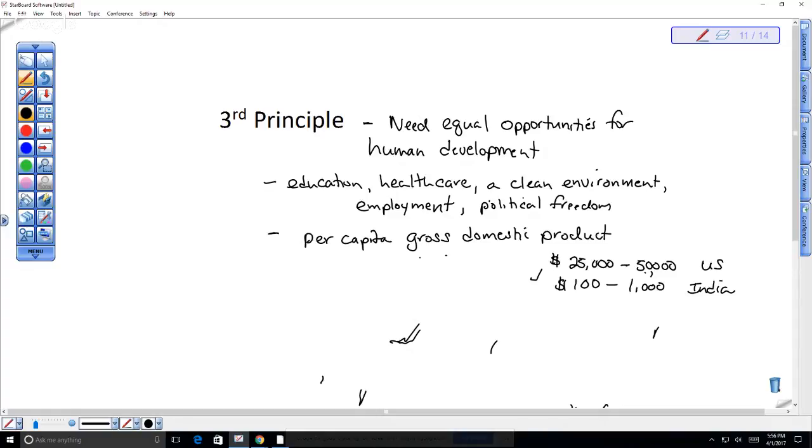But in reality, it's more of an issue of the developed world, and that we use a disproportionate amount of resources. We are producing much, much more, for example, greenhouse gases than an individual in India would, just because of my lifestyle.